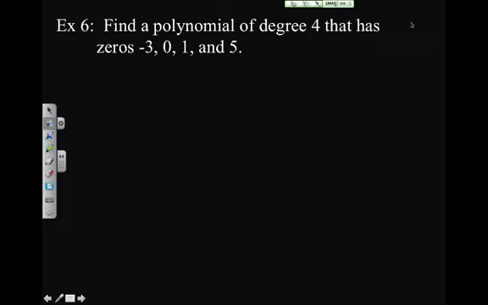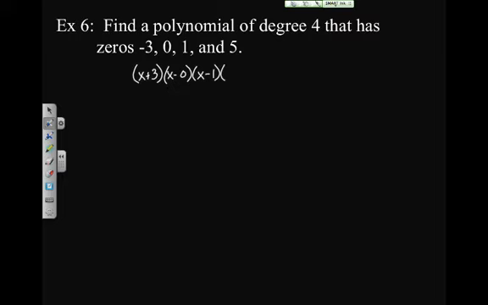So for example 6, we're supposed to find a polynomial with a degree of 4 that has these 4 zeros. Well, if negative 3 is a 0, that means x plus 3 has to be a factor. If 0 is a 0, that means x minus 0 is a factor. If 1 is a 0, then x minus 1 is a factor.